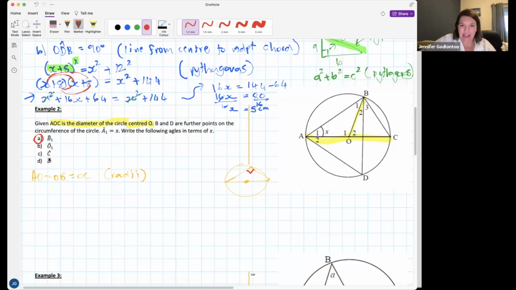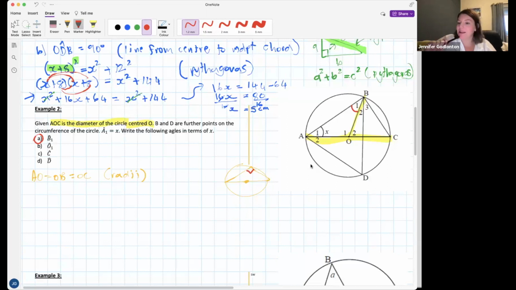Question A, they would like to know the angle B1 in terms of X. So we are trying to find that angle in terms of X. I'm ready for suggestions. And if we're feeling completely lost, you can ask for a hint and I will give you a hint. Is it going to be 90 minus X?